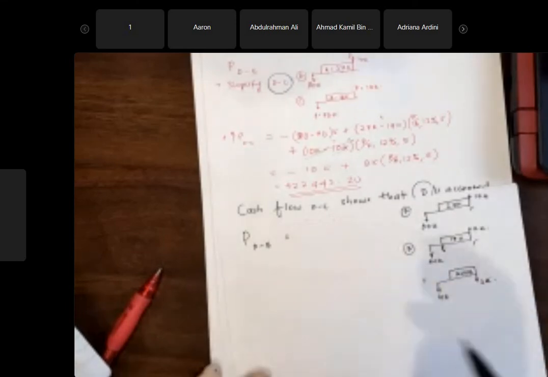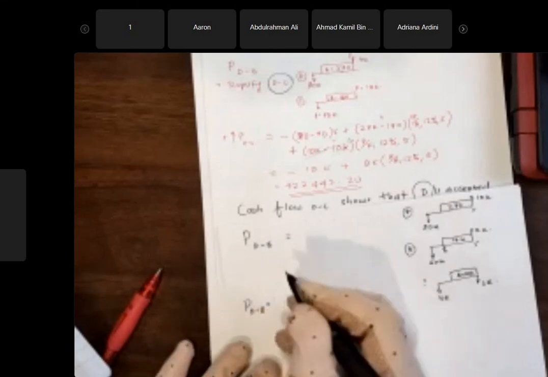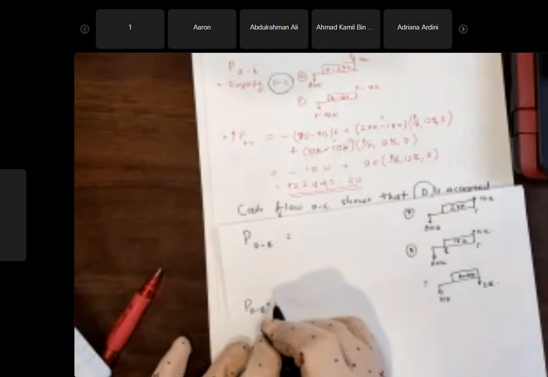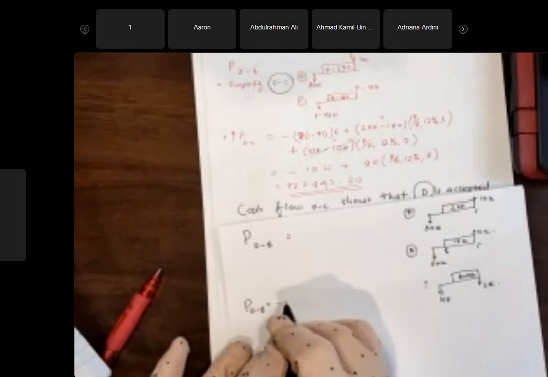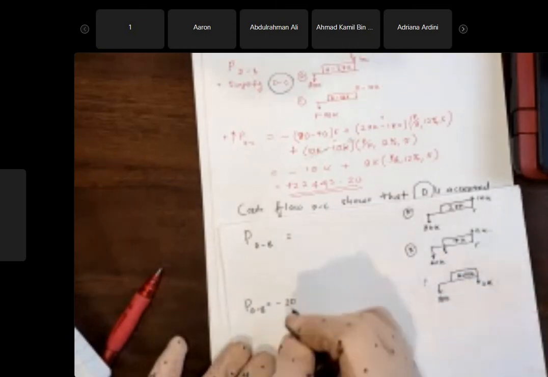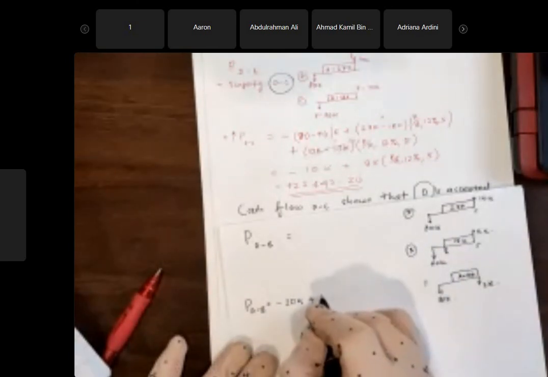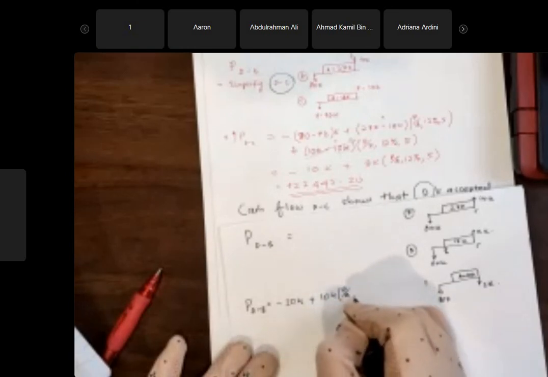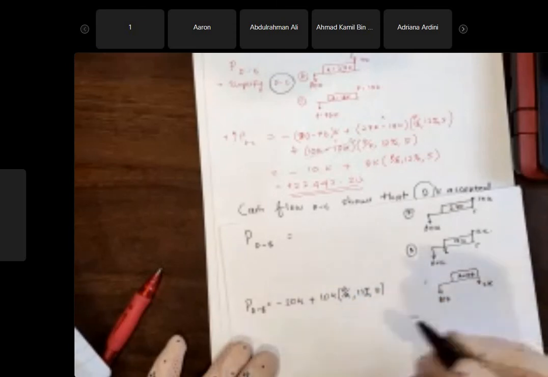So P D minus B is what? Look at this. This 10,000, this 80, you deduct them first, so you get negative 20. This is wrong. 10,000 plus, okay, after you deduct 10K, P over A at 12%, 5 years.